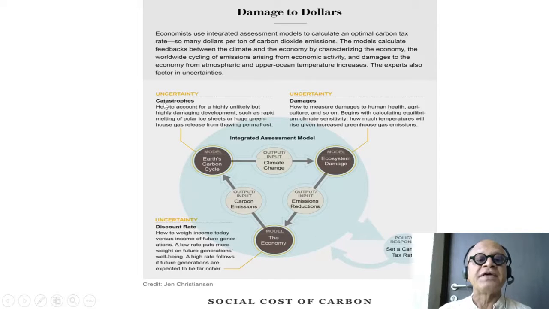Okay. Here are the uncertainties in terms of catastrophes, uncertainties in terms of damages. So that's the integrated assessment model.